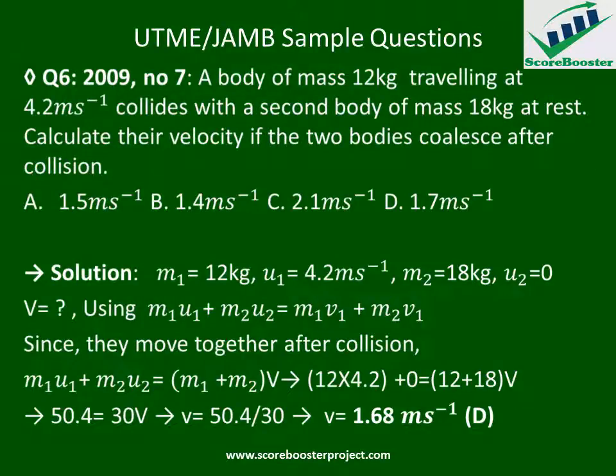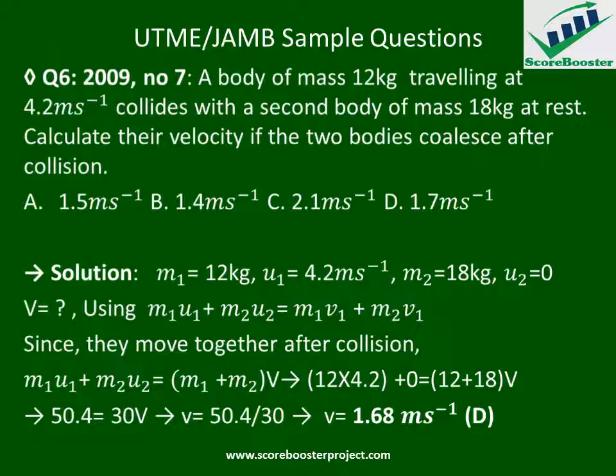The next question we shall be considering comes from 2009, number 7, and the question goes thus. A body of mass 12 kg traveling at velocity of 4.2 meter per second collides with a second body of mass 18 kilogram at rest.